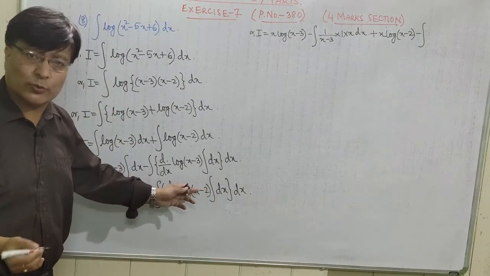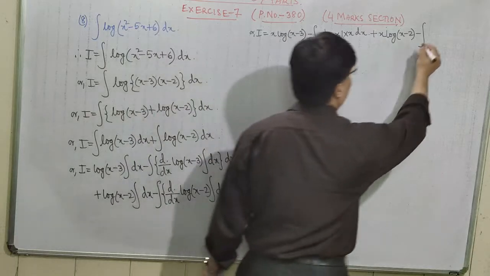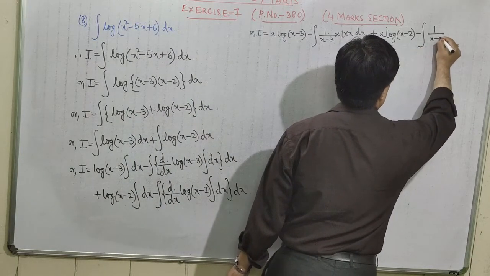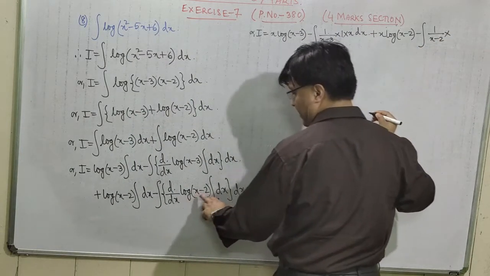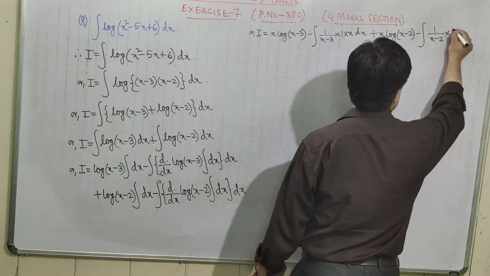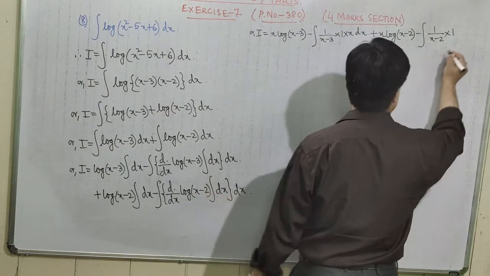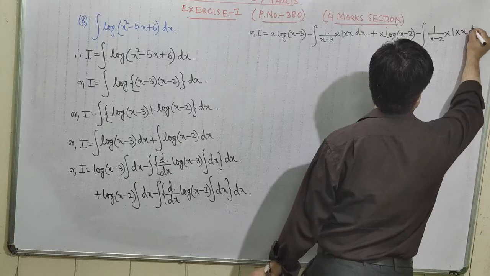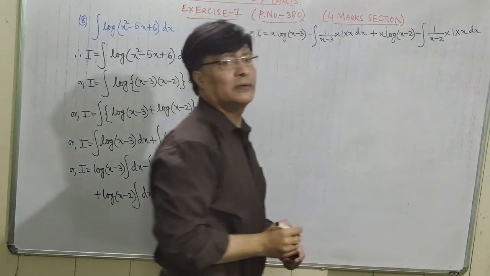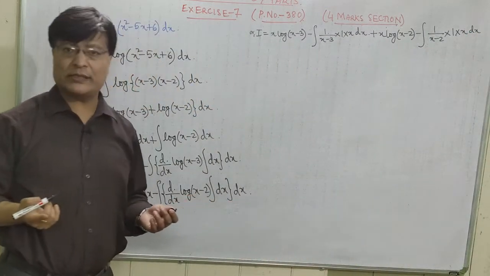It is just like your log x, 1 by x, so it is 1 upon x minus 2. Here also you have to differentiate the term which is assumed as x. What is the differentiation of x minus 2? It is 1 into, what is integral sign dx? It is x dx. So I hope you have understood it.